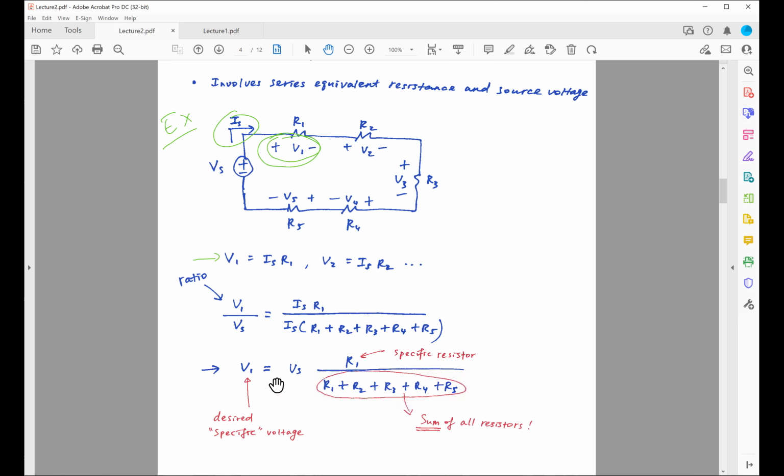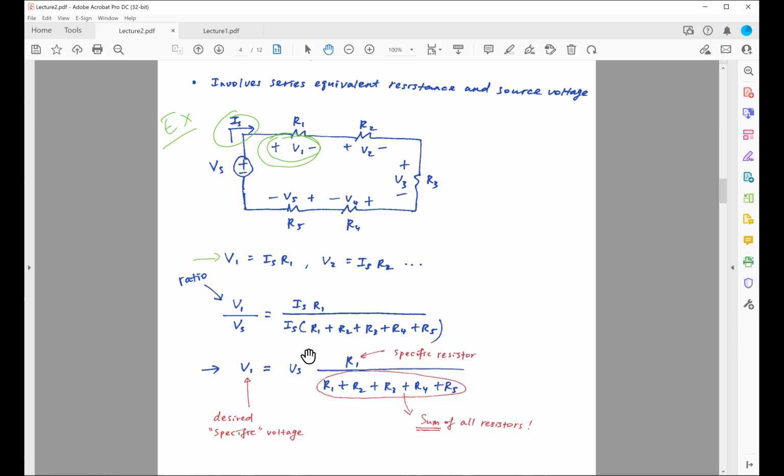V1 is equal to this voltage multiplied by the resistor associated with this voltage of interest. If I'm trying to find V1, then I need to put R1 on the top, divided by the sum of all resistors. By the same token, if I want to find V2, all I have to do is replace this subscript 1 with 2.